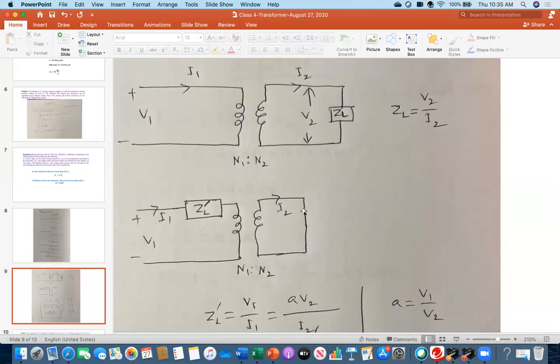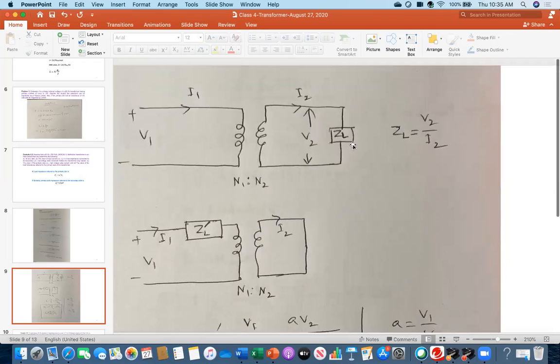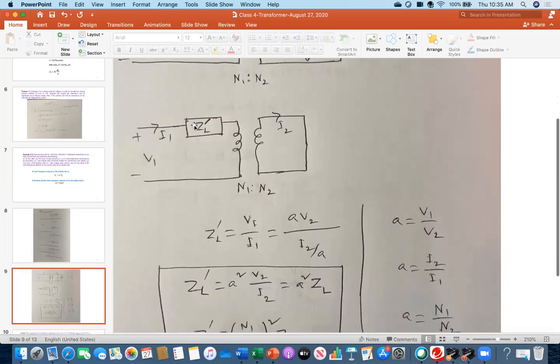Definitely there is a relationship between this voltage and this voltage, this current, and their turn ratio. It is not straightforward that you just place it here. So that's why ZL prime is V1 over I1.